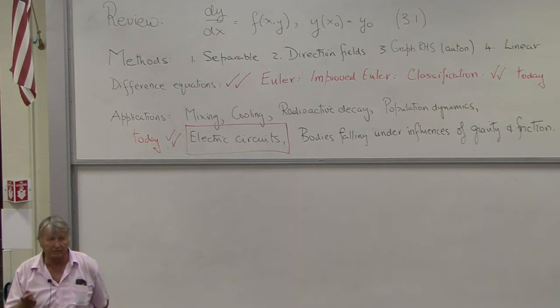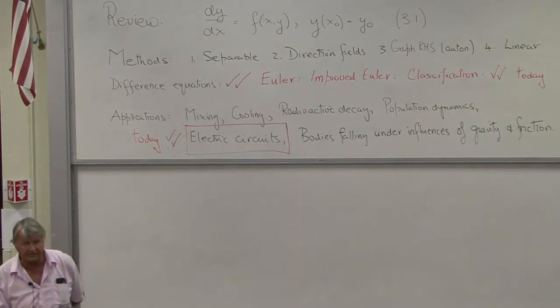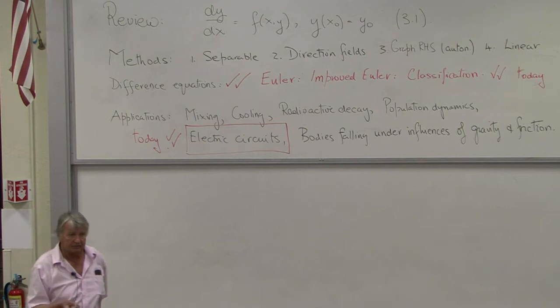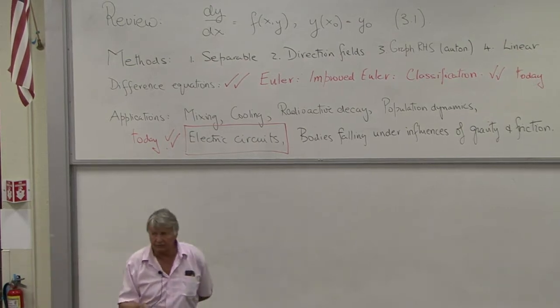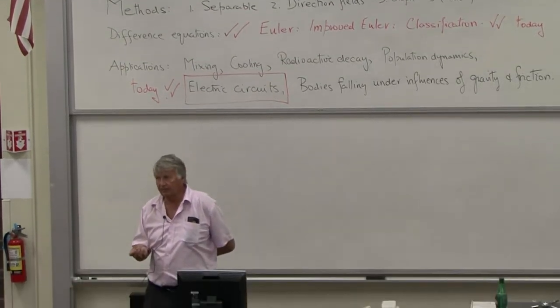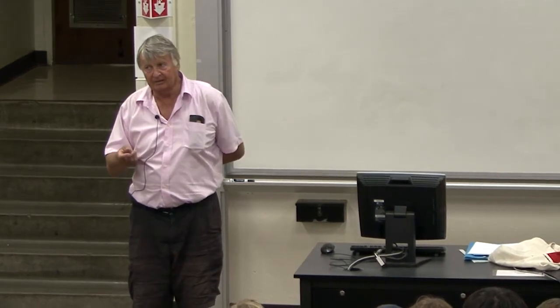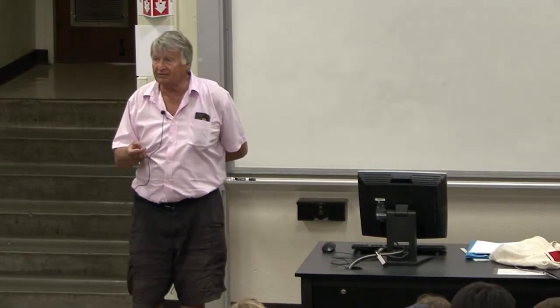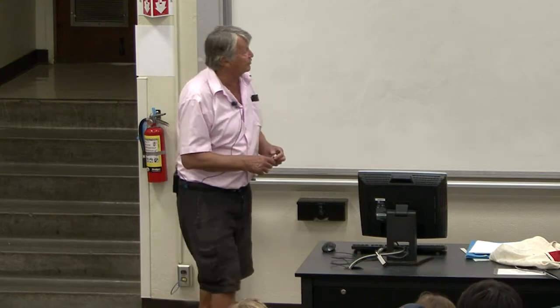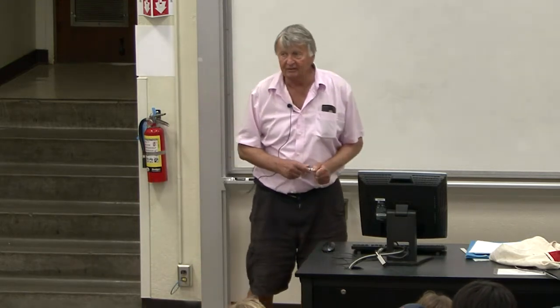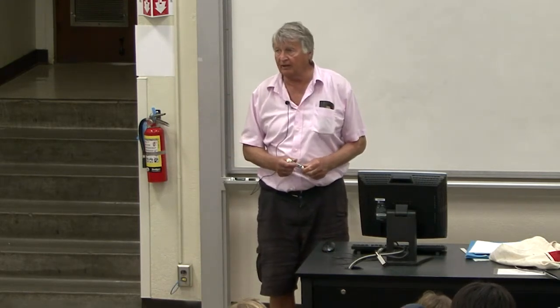Now, we have only covered 4 methods in class, and that's all we will cover for the term, for first-order equations. There are other tricks, there are a few other methods, but you so rarely meet them that it's much better to know the methods that you will use often, to know those very well.